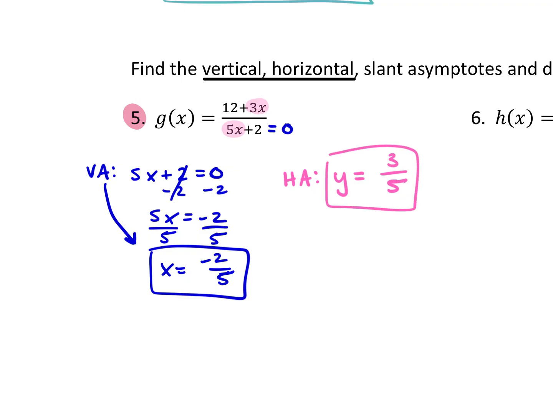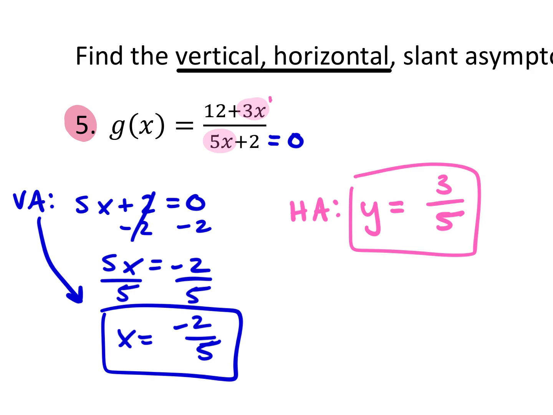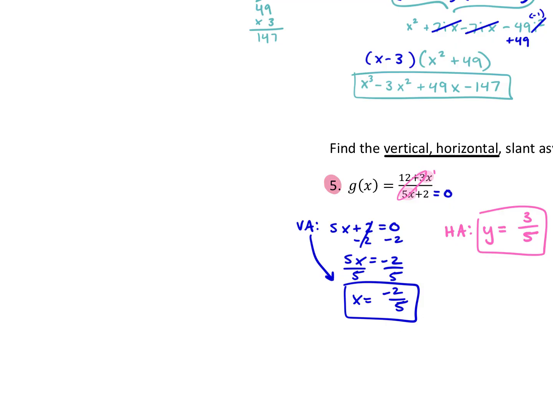So when your degrees, when the exponents are the same, so here we have x to the first power, x to the first power, you just look at the leading coefficients for the x terms. So like for the highest term in each of them. If our degree on top was greater, so let's say we had x squared over x, then here we would have no horizontal asymptote.